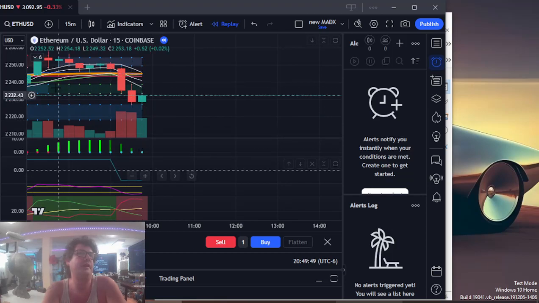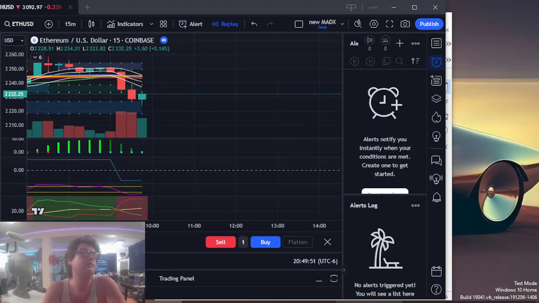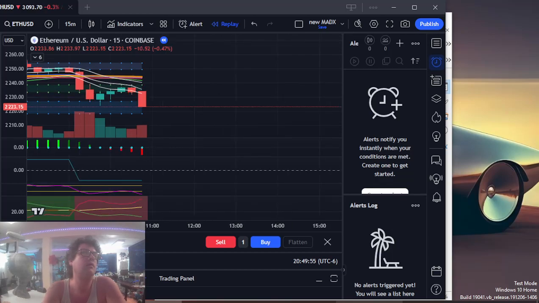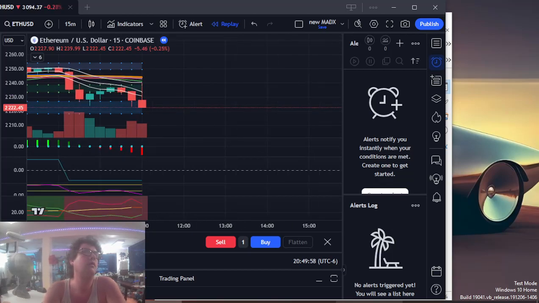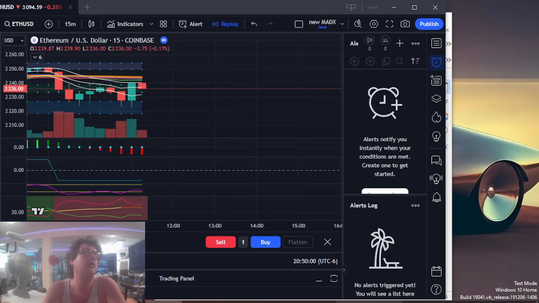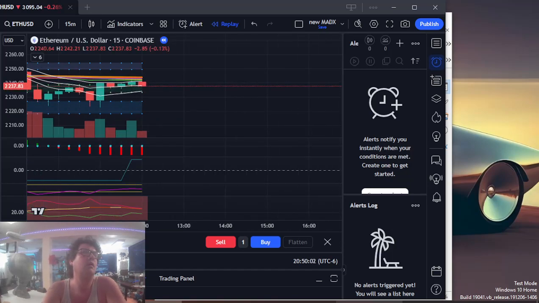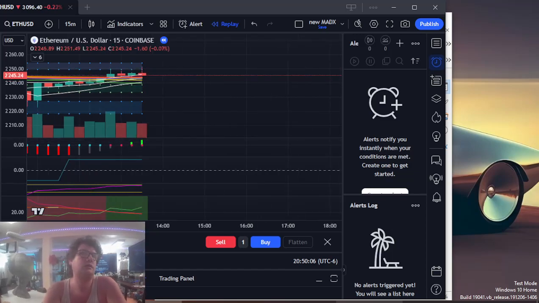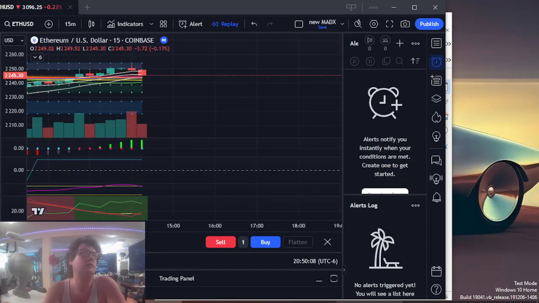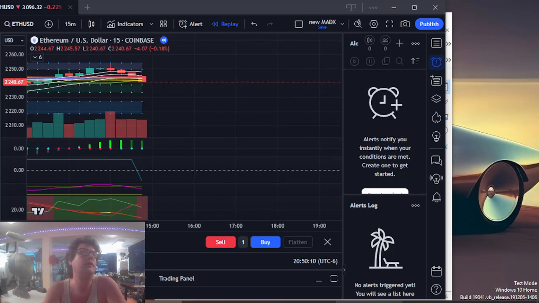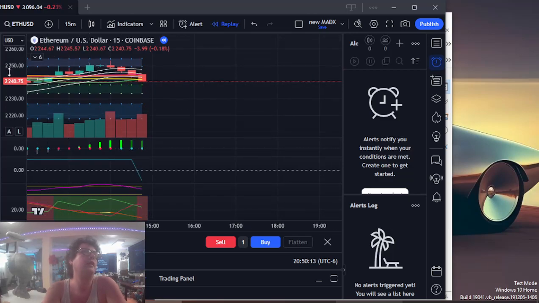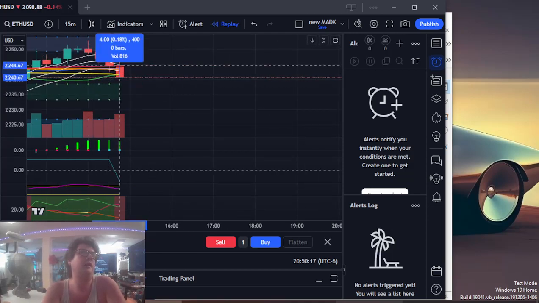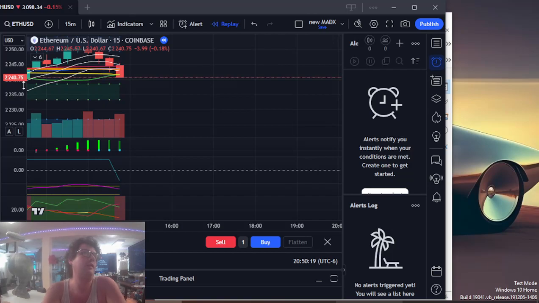Oh well, that wouldn't have fit anyway. This is probably not going to be a large enough candle, and it's not.